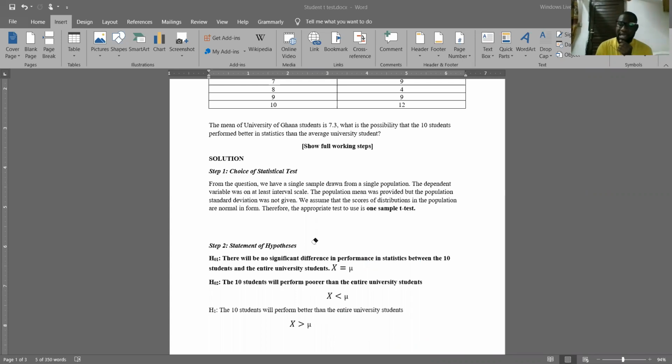But when your hypothesis is directional, which is one-tailed, you're supposed to state one hypothesis for your alternative and two hypotheses for your null.